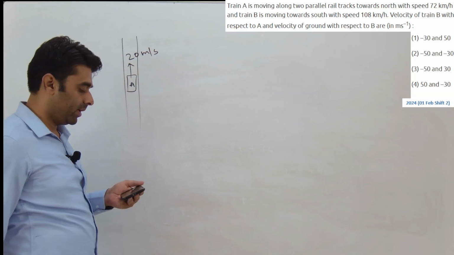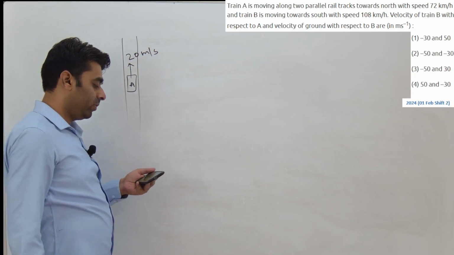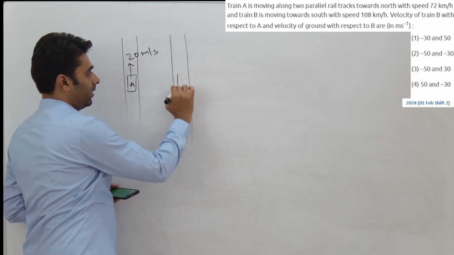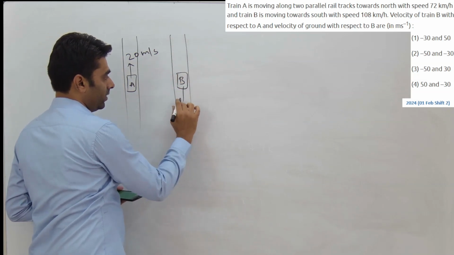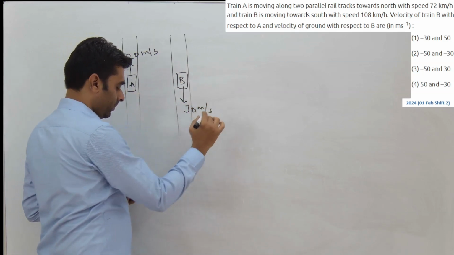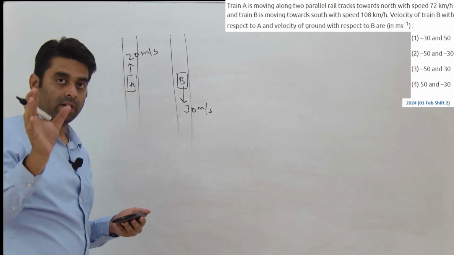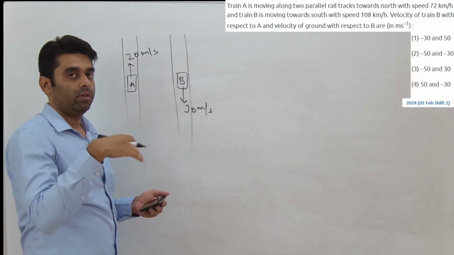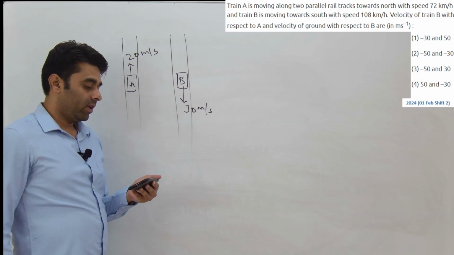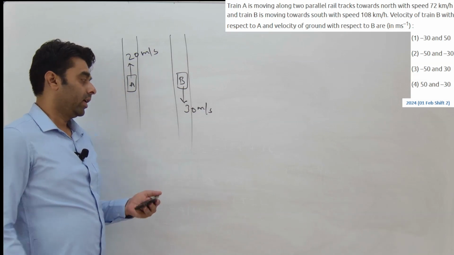And train B is moving towards south with speed 108 km per hour, that is 30 meter per second. We'll convert them because in the answers they have asked in terms of meter per second. So we'll convert kilometer per hour into meter per second. Fine. Velocity of train B with respect to train A.